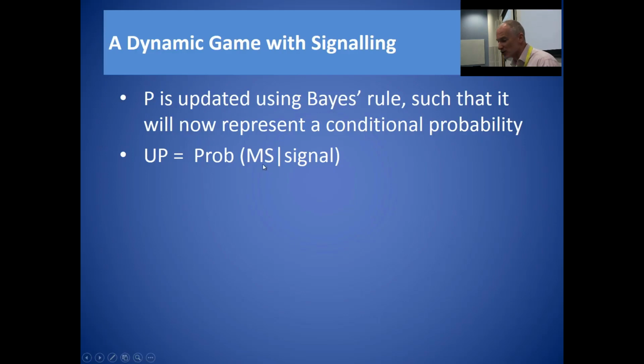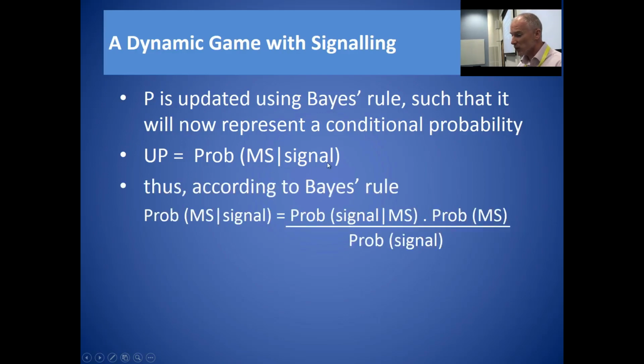That's all we want to identify. We're not looking at P now, we're looking at this updated value of P. And that is what the entrant will use in its decision-making process. So that's the starting point: monopolist is strong given that the signal is received.